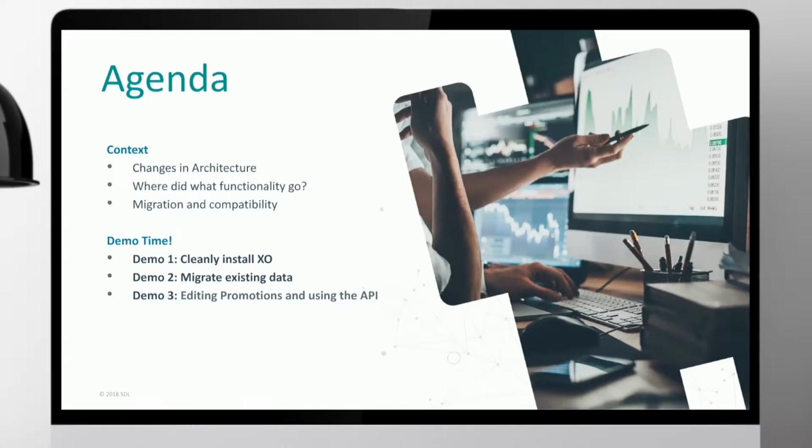To show how easy it all is or has become, we'll do quite a bit of demoing today. We have basically one big demo consisting of 3 parts. The first part is that Peter will show how to install the new EXO in a clean and pretty fast way, if I may say so. Then he will demonstrate how to migrate data into the new EXO from an existing Fredhopper installation.